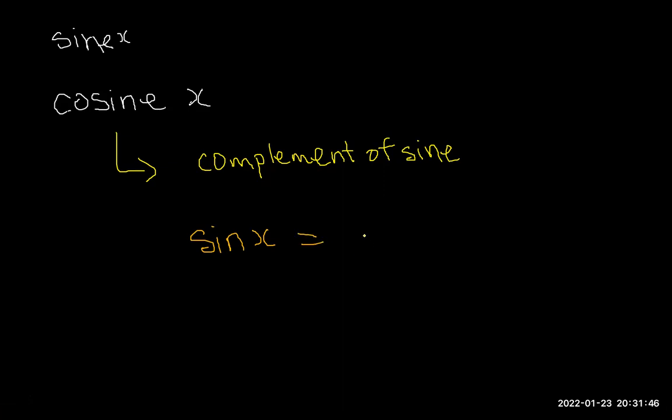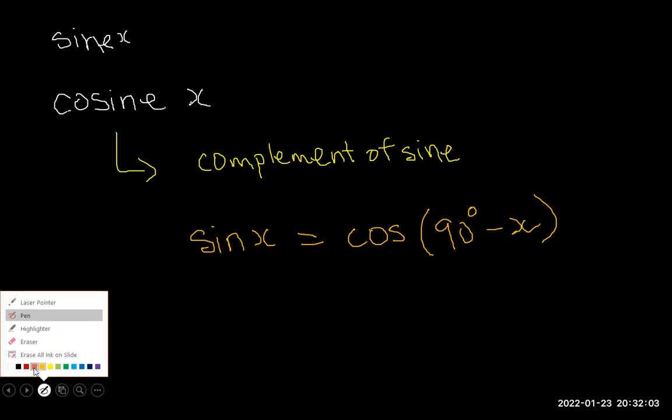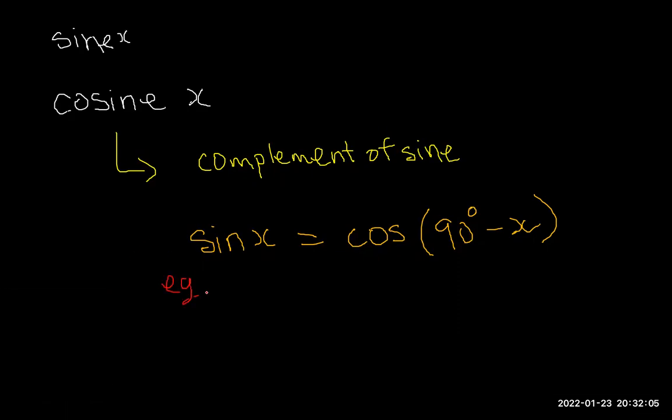Sine of x is the same as saying cosine of 90 degrees minus x, assuming that this is in degrees.